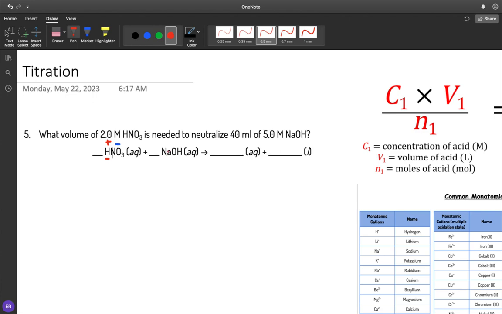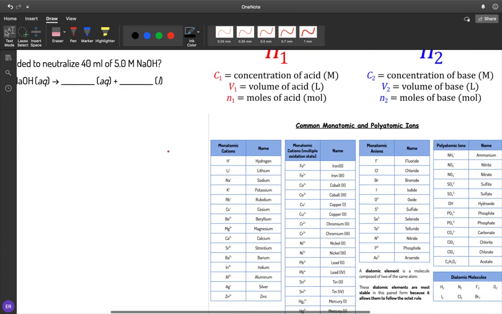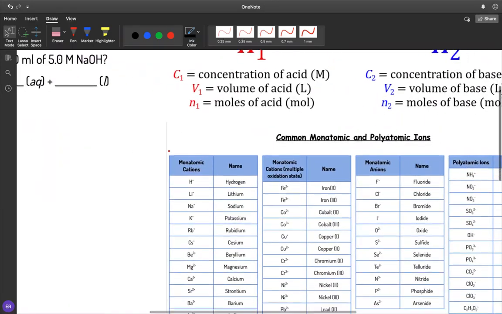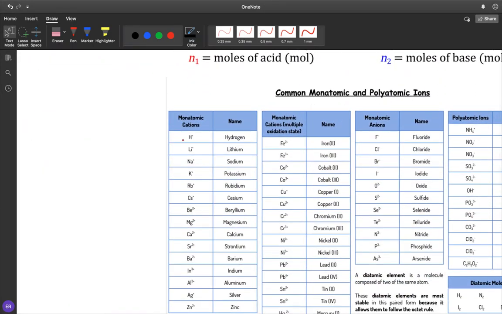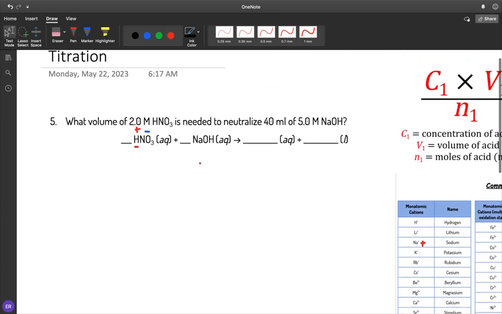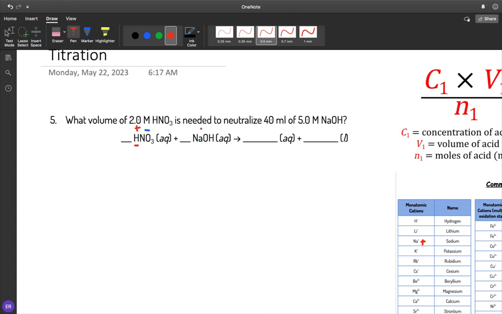Na should be positive. If you're not sure, you can always look at the common monoatomic and polyatomic ions, and it shows Na right here. So Na is a positive, which is going to make OH our negative.